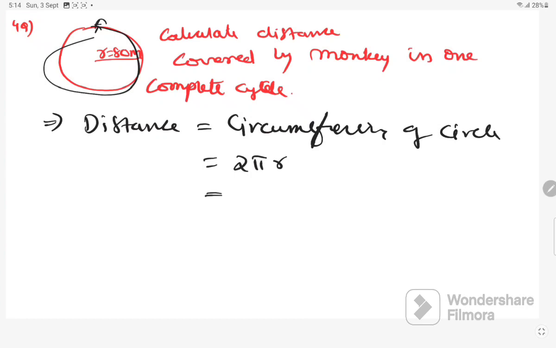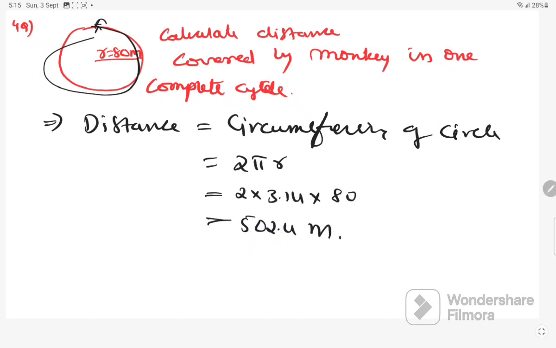So simply substitute the values. 2 into pi, that is 3.14, r value is 80 given, right? So now if you look at according to this, then the answer will be 502.4 meter.